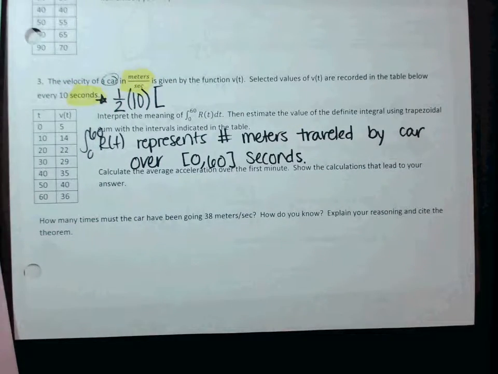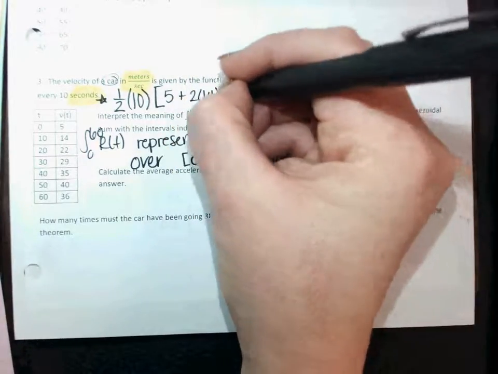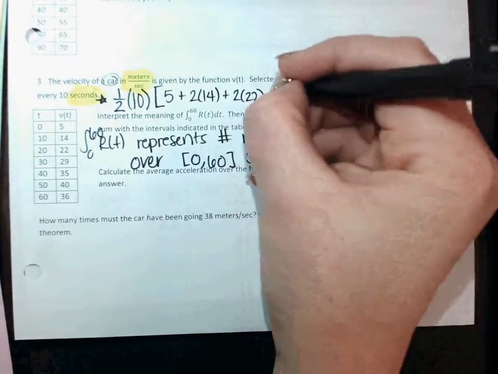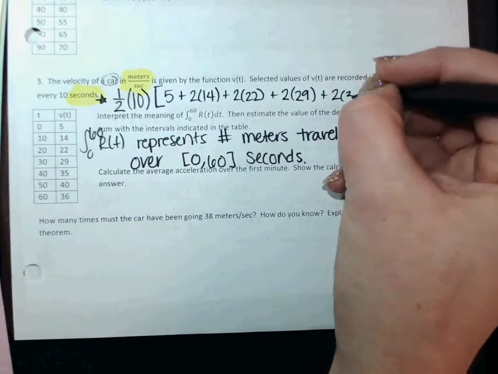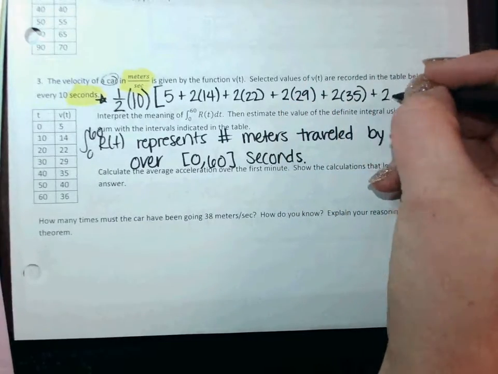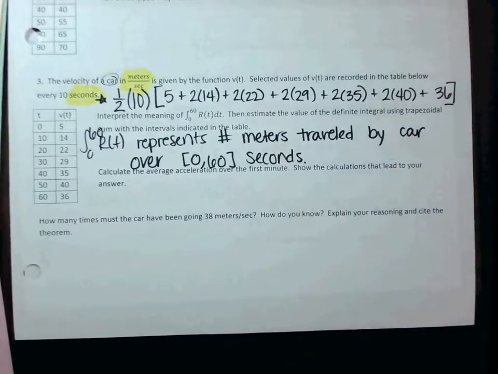And then remember, the first one and the last one only count once. All the middle ones count twice. So you'd have 5 plus, double 14, double 22, etc. Make sense?